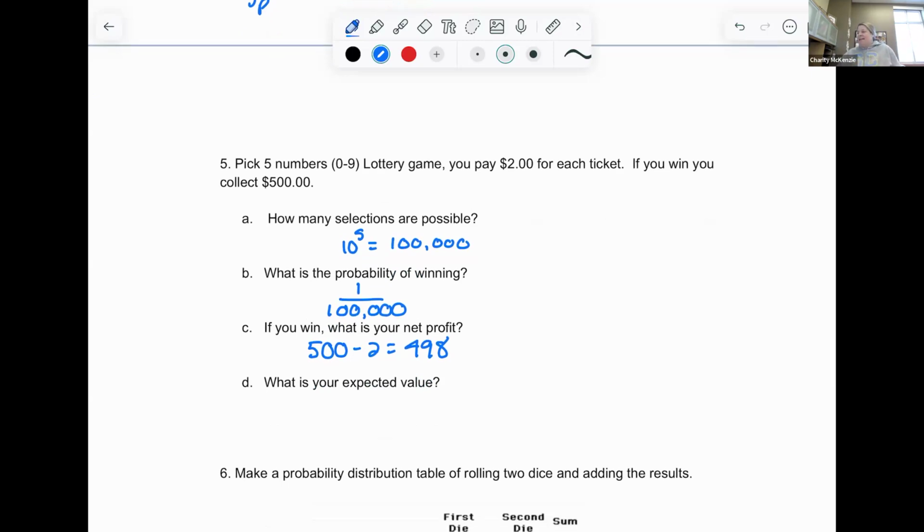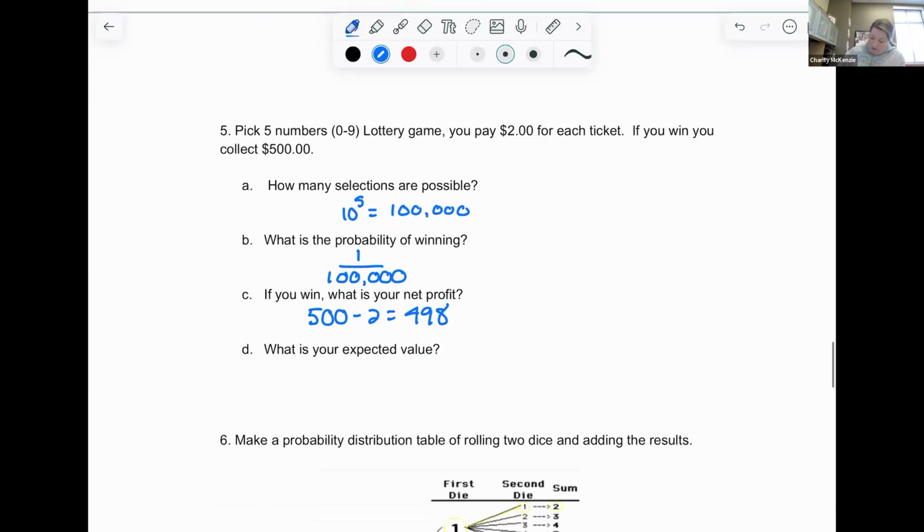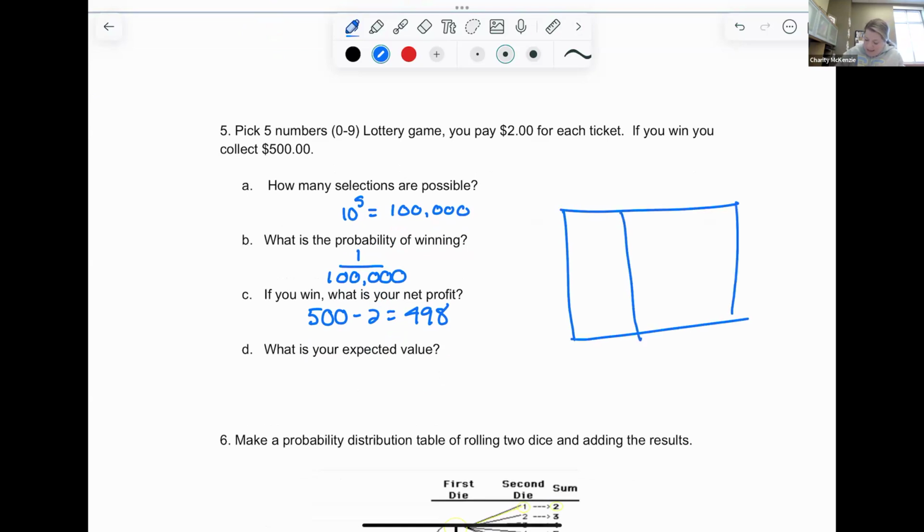So let's use this to get a table going for our expected value. We're going to think through this as our values of X, then our probability, and then we'll just do the mean on that last chart. So we are either down $2, so always use a negative for that, or we're up $498. Those are our two options.